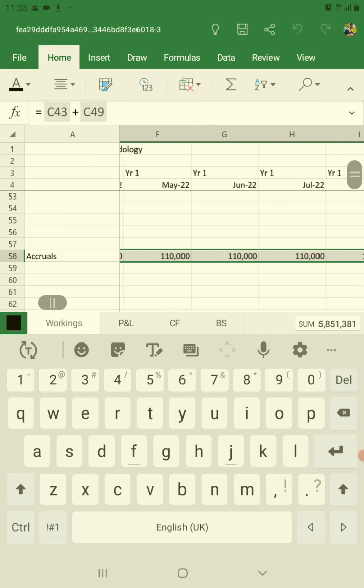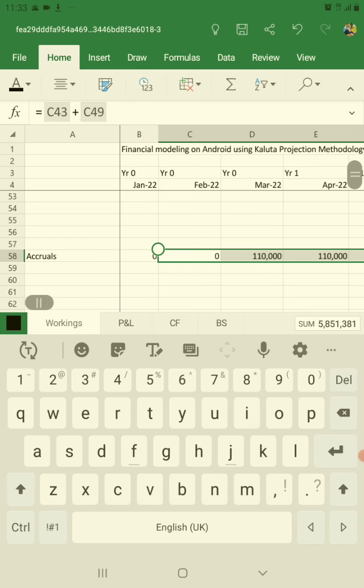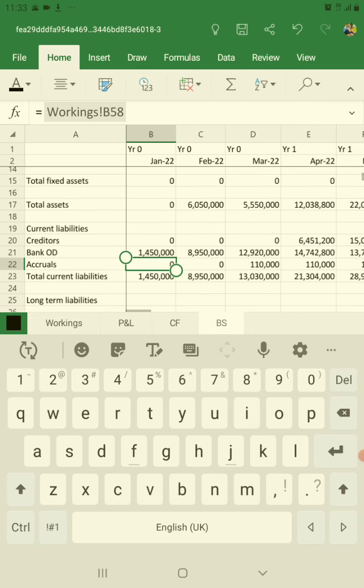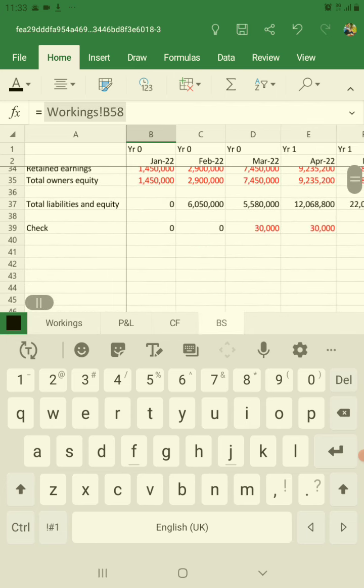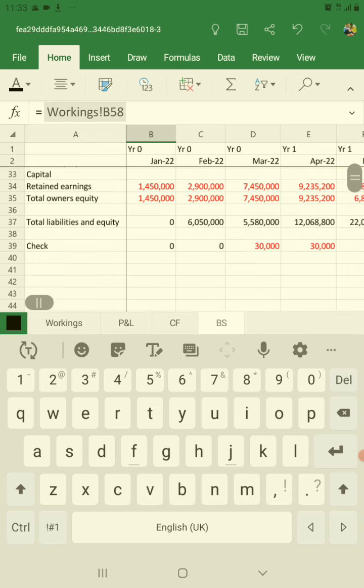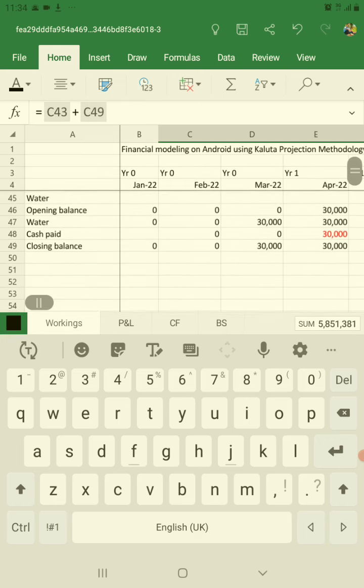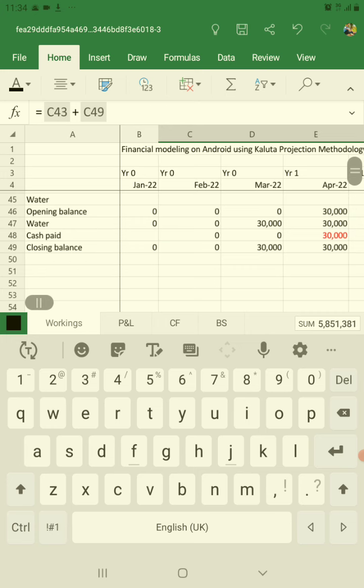So let me see in the balance sheet what happened. There is this difference of 30, and 30 is a component in the workings here for the closing balance for water.